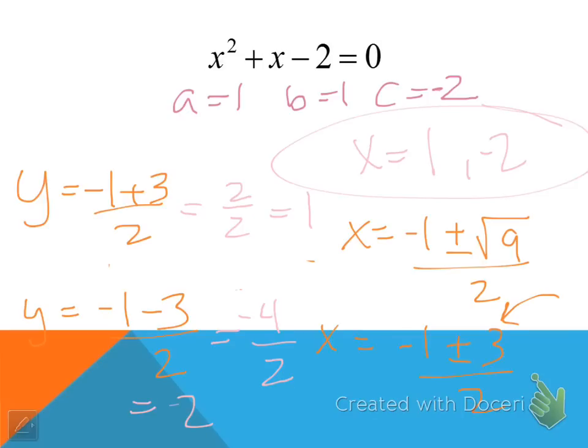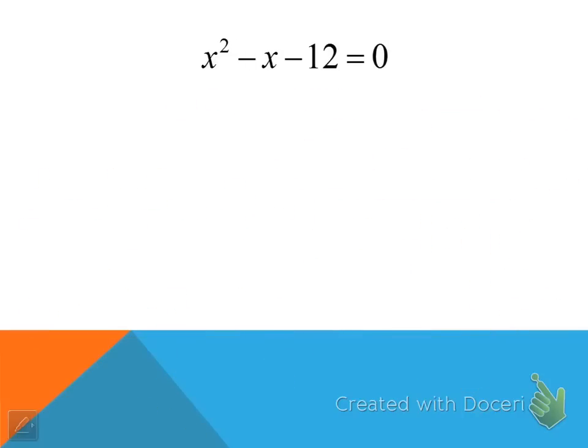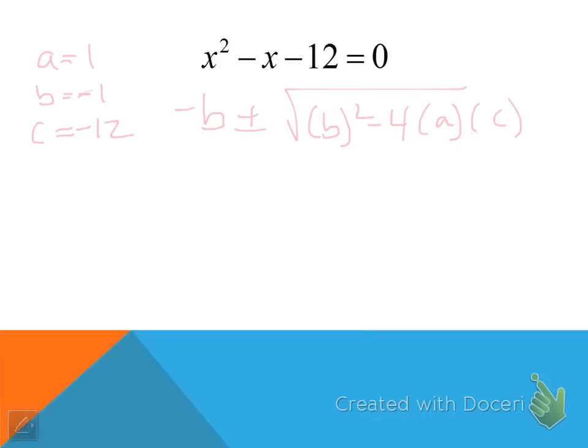Okay, so a equals 1, b equals negative 1 this time, and c equals negative 12. So we got our negative b plus or minus the square root of b squared minus 4 times a times c all over 2a.